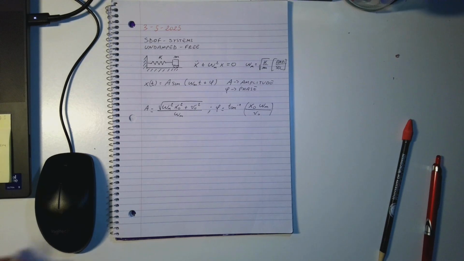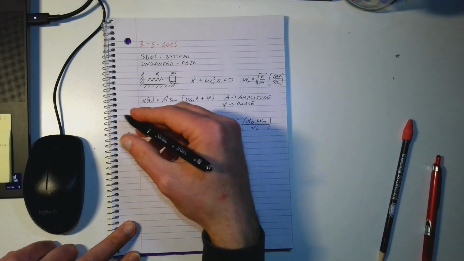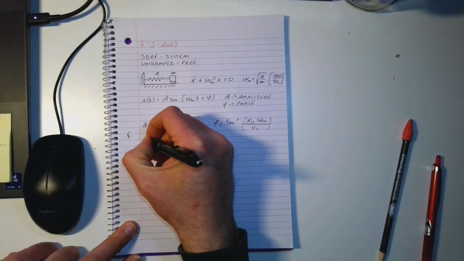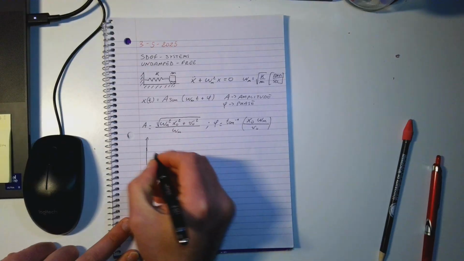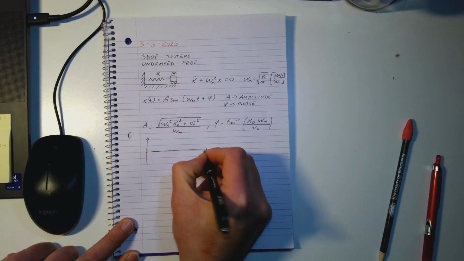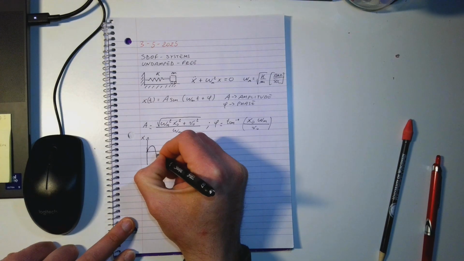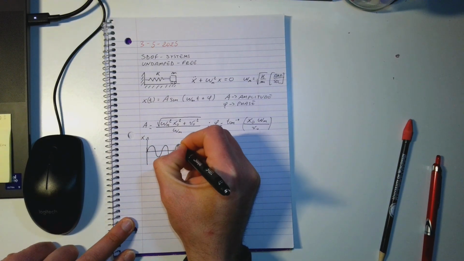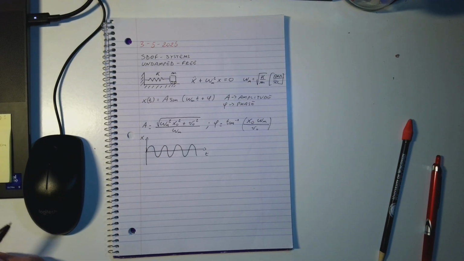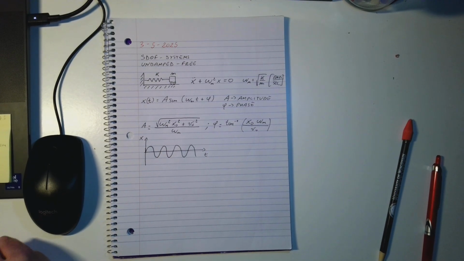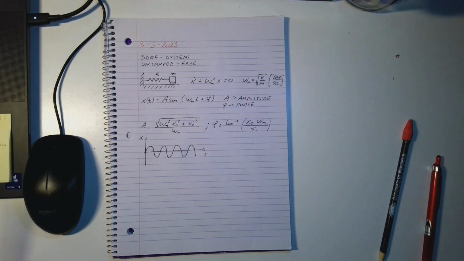Now I'm going to plot a qualitative function, because we don't have numbers, but this is how it looks like. So here we have time, here we have x. This is a qualitative plot of the function. Makes sense?